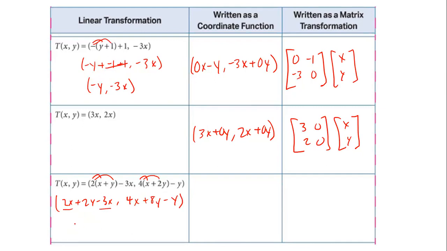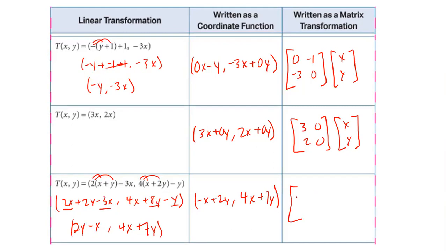What does 2x minus 3x make? Negative x, so 2y minus x. What does 8y and negative y make? A 7y, right? So when I write it in this form, I have negative x plus 2y, comma, 4x plus 7y.